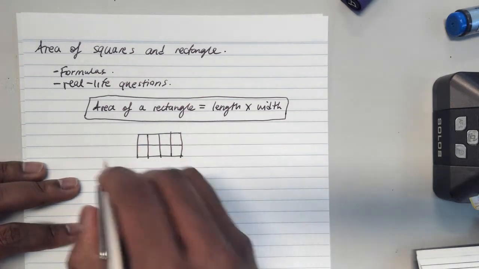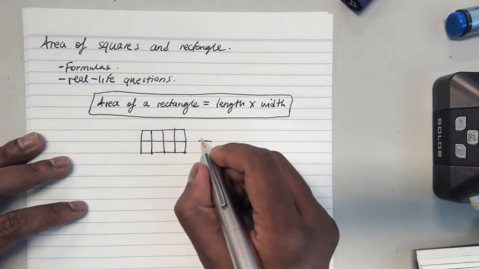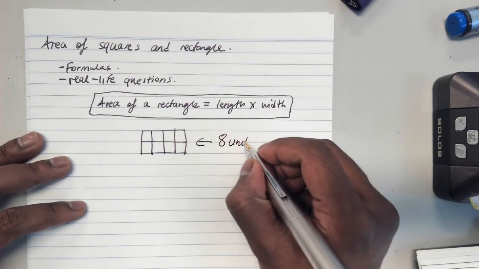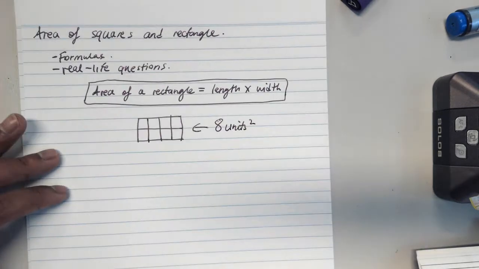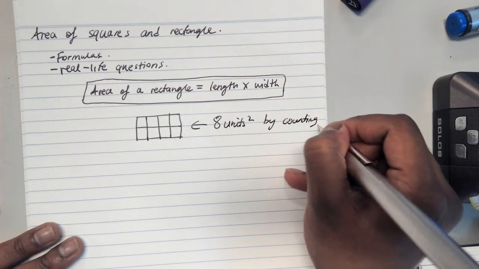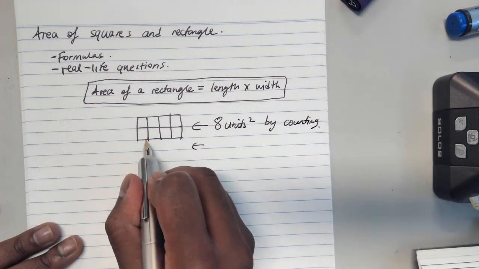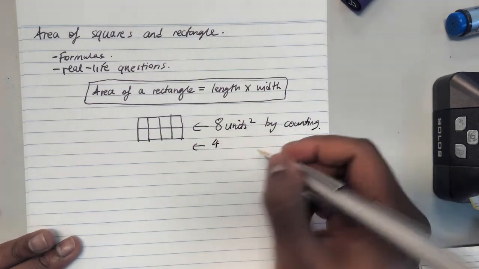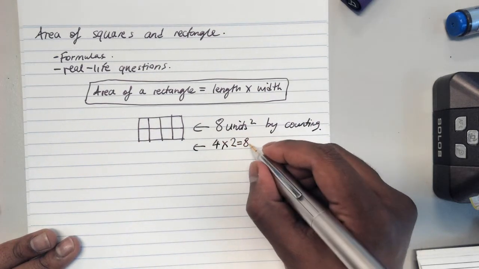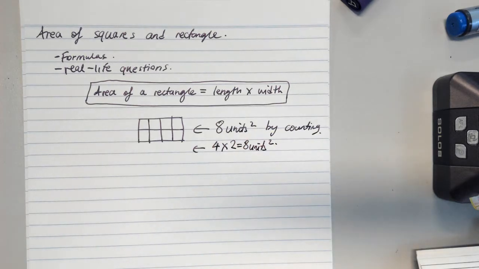It's the number of unit squares that covers the area. So this would be 1, 2, 3, 4, 5, 6, 7, 8. That's the area. So we can count it, or we can actually use the formula. Very, very simple. Length times, what's one length? 1, 2, 3, 4. 4. I'm going to multiply by 2, which also, lo and behold, magically gives me 8. Wow. Amazing.